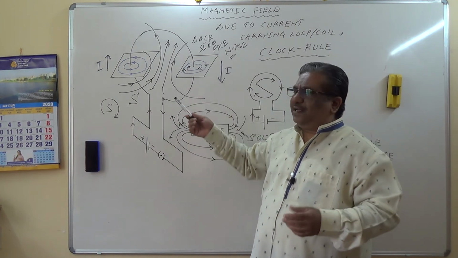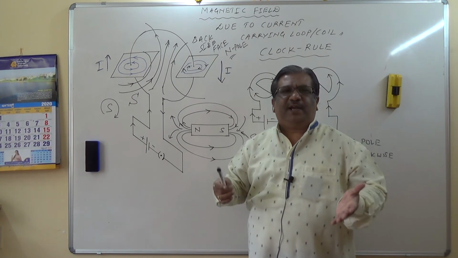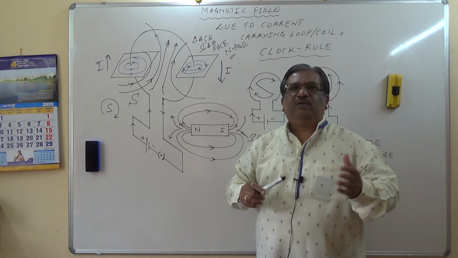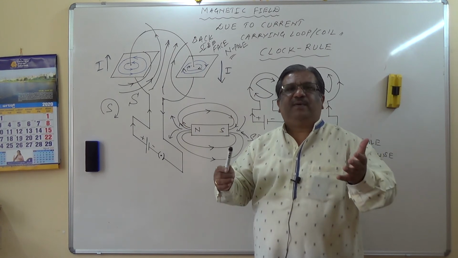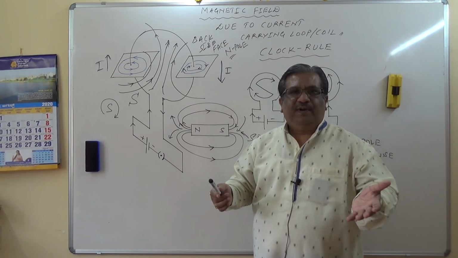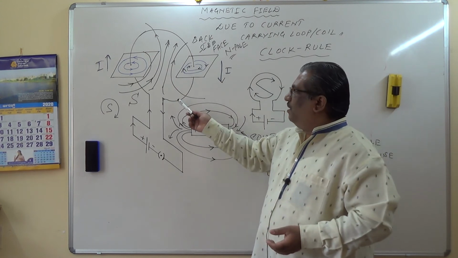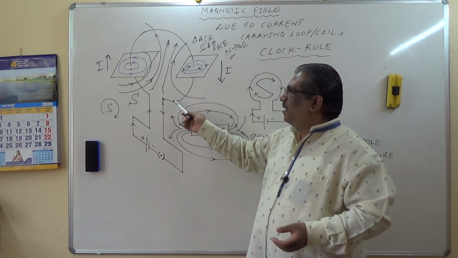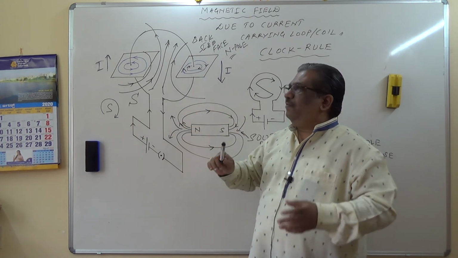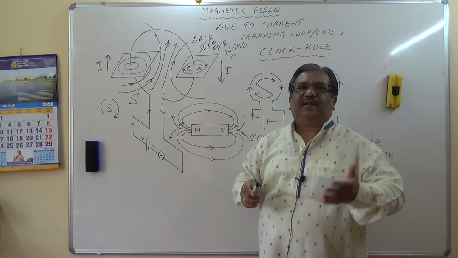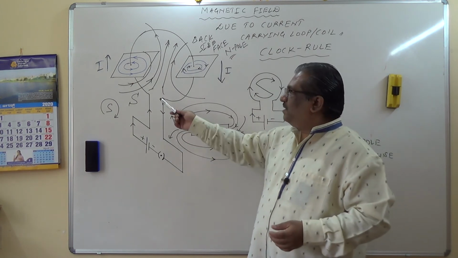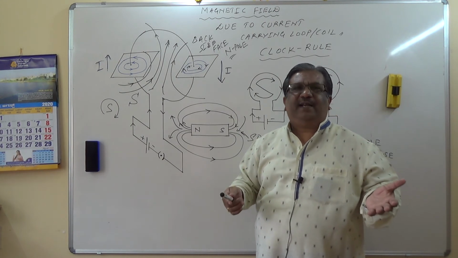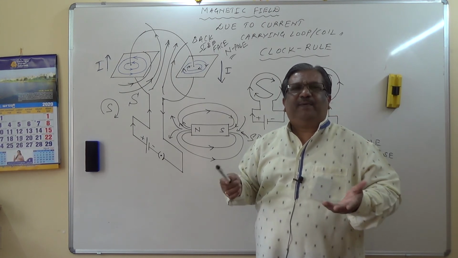You may ask a question, why should we go for the coil here? Suppose this acts like a magnet and has some application in practical fields, the question arises how to increase the strength of the magnetic field in a loop. Say here I have only one loop, and if I want to increase the field strength, there are 2-3 options for me. One is to increase the current, but to a large extent if you increase the current, it may become hot and may not be suitable.